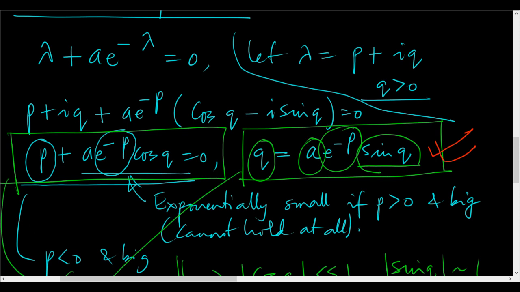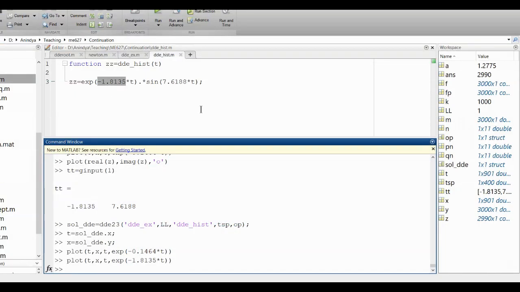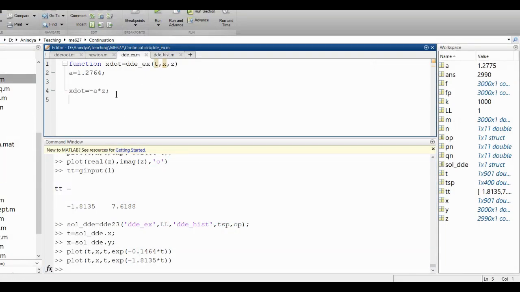So this discussion will close once we come here, and instead of this I say pi by 2 plus 0.1, and now I will get expansion, you see, and then I can come to history and just make it arbitrary. It doesn't matter. Let me say t.